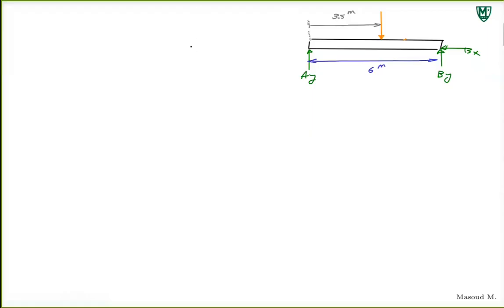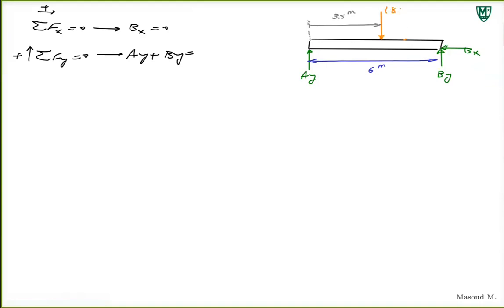The rest is what you learned from before, right? Summation of forces in x direction is equal to 0. So Bx is 0. Summation of forces in y direction is equal to 0. Take this as positive. That will give you Ay plus By is equal to that force we found, 18,000. So it's equal to 18,000.